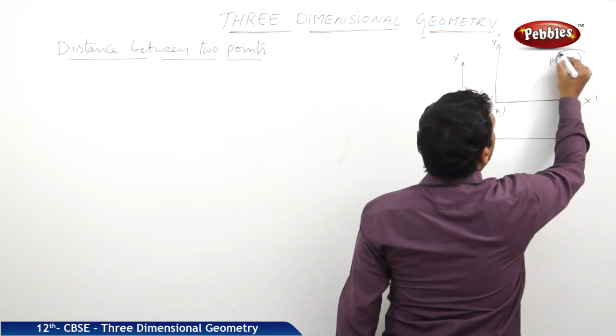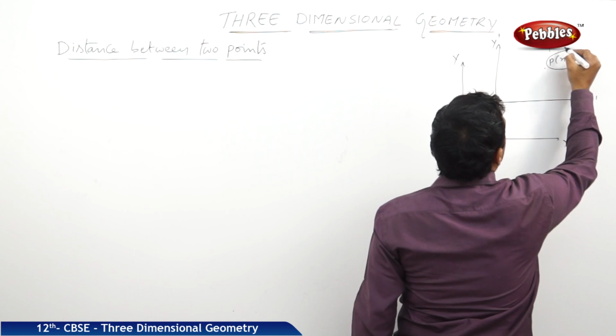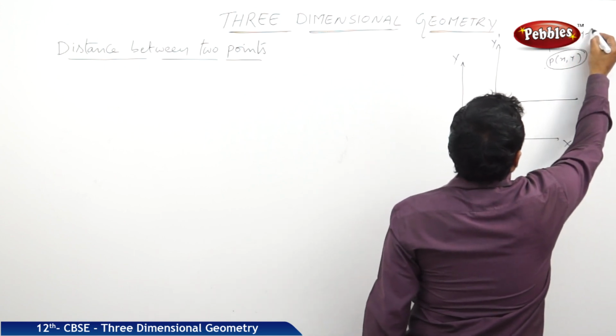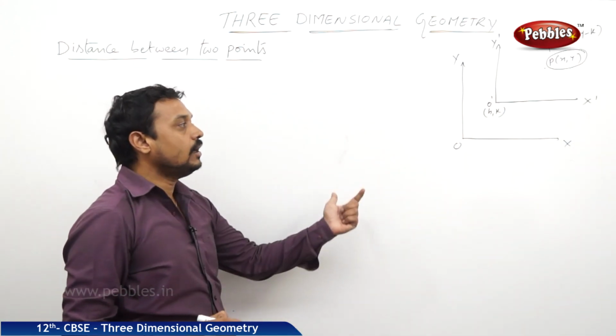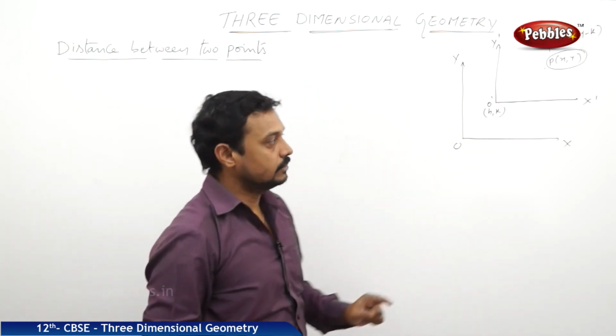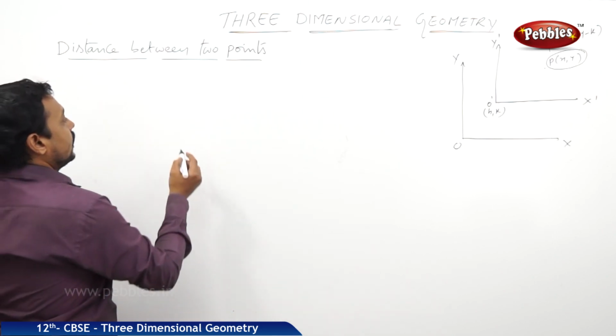Now the new coordinates of P will be x minus h comma y minus k. So earlier you studied the shifting of origin to some point. Right, now coming to the distance between the 2 points.